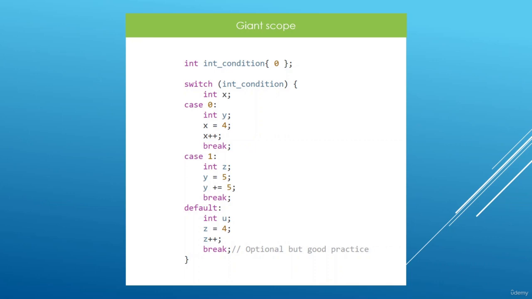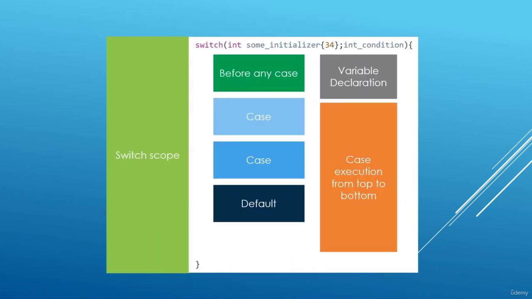Okay, if you are wondering, how is it possible that we are able to see the variable y inside the case 1, even if this variable was declared in case 0? The reason this works is that all the code for declaration is actually moved by the compiler before any case runs.